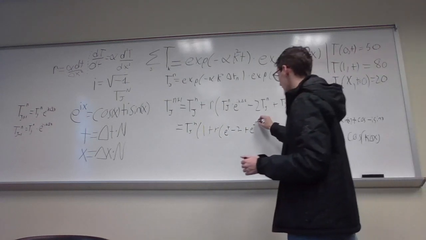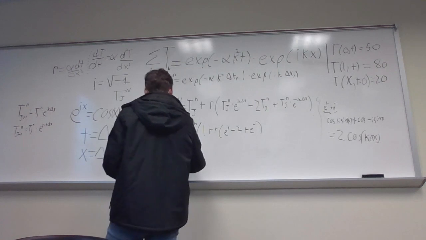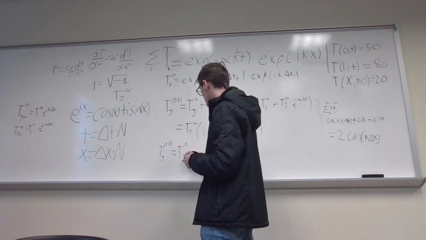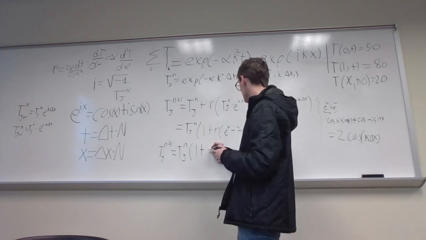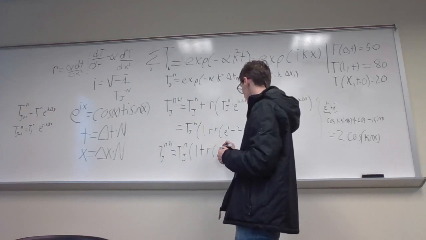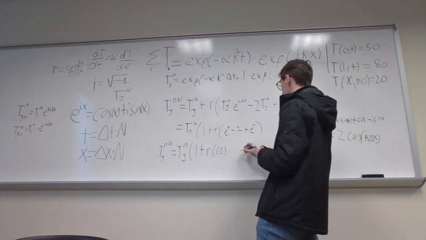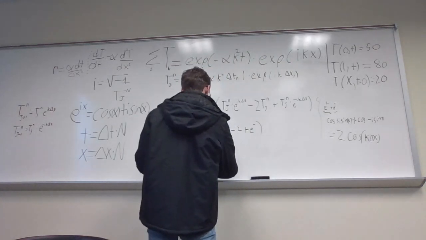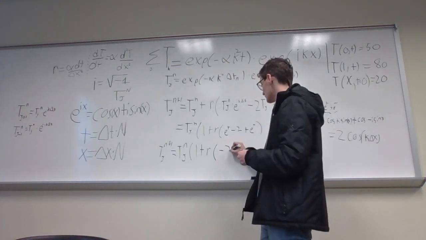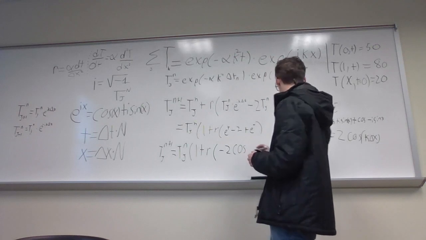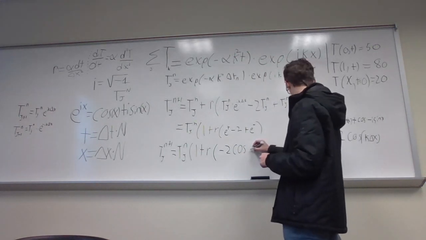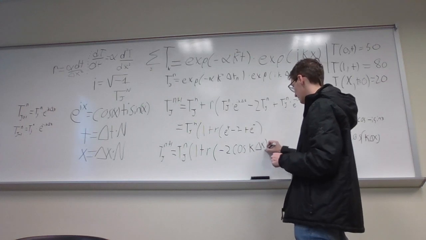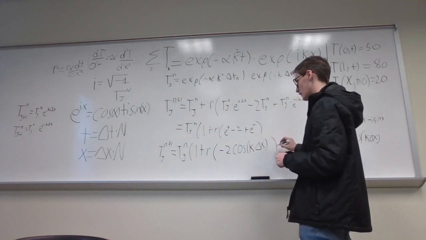So we have t to the n plus 1 j equals t n j times 1 plus r times negative 2 cos k delta x. And we're going to see if I'm missing a term here, because I feel like I am.